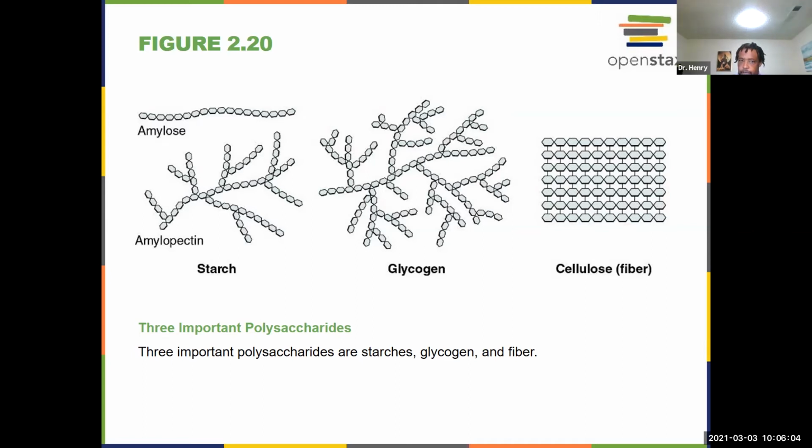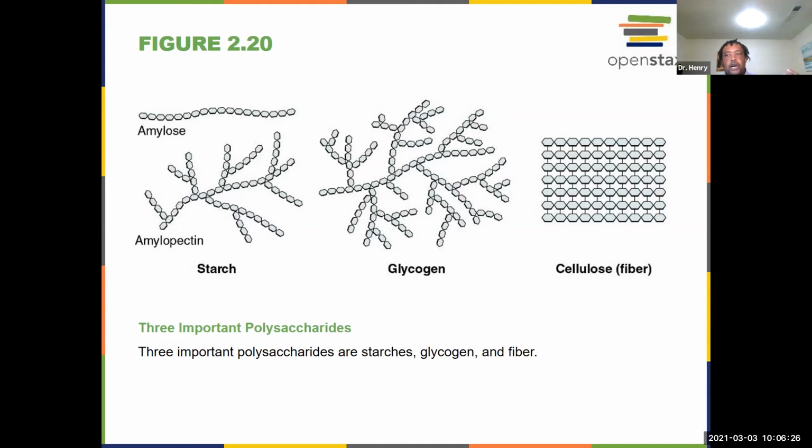You guys have heard of starch before. Yes. So those are your two forms of starch. That's what we find in our potatoes, in our corn, and in our wheat.